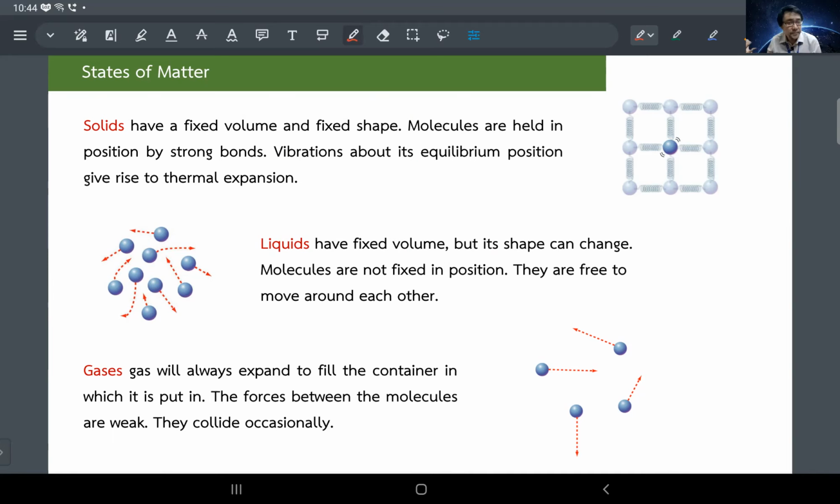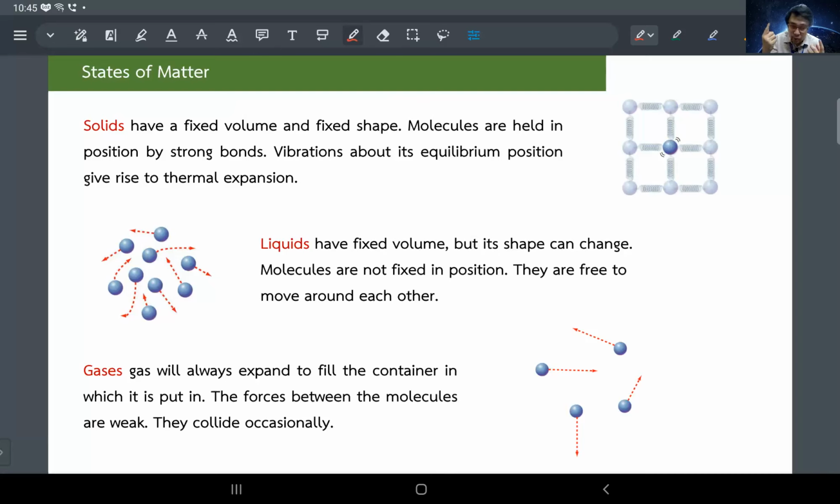Something in between changes shape depending on the container, and that is the liquid phase. When the temperature is high enough, or some requirements are met, it will be in the gas phase. So these are the three states of matter.